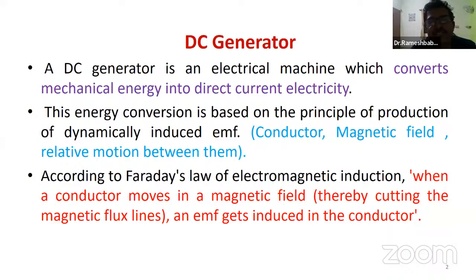In statically induced EMF, keep in mind that the conductor is stationary and the magnetic field is varying, rotating. The second one is dynamically induced EMF: the conductor is rotating and the magnetic field is stationary, constant.